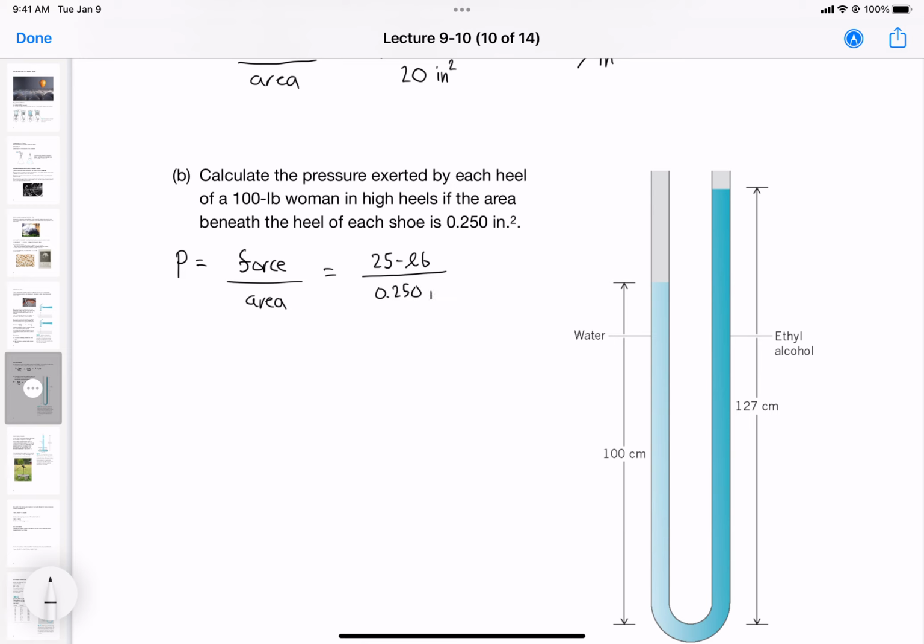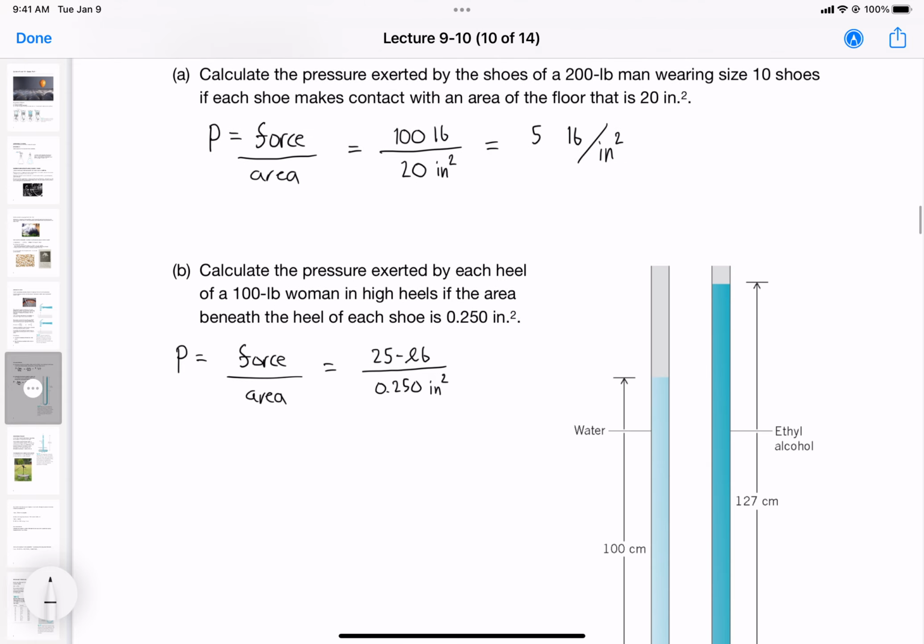0.250 inches squared. So you see here the area in both examples are drastically different because the area of a heel is much smaller than the area of the bottom of a shoe. Okay, so if we do this math here, we get a value of 100 pounds per square inch here.